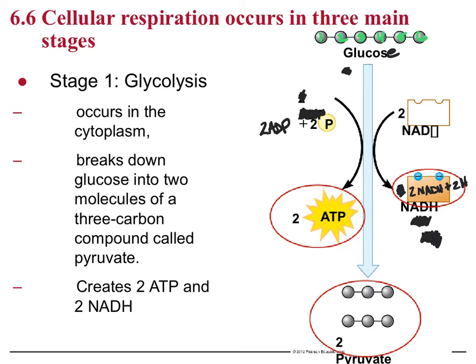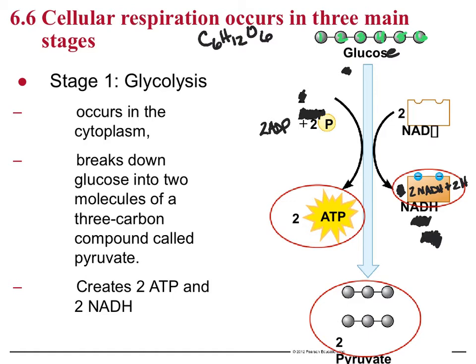Remember, there are hydrogens attached to these carbons. Remember, the chemical formula for glucose is C6H12O6. So the authors here aren't writing in all of the oxygens or the hydrogens, they're just showing you the carbons, but assume that the hydrogens and the oxygens are there.